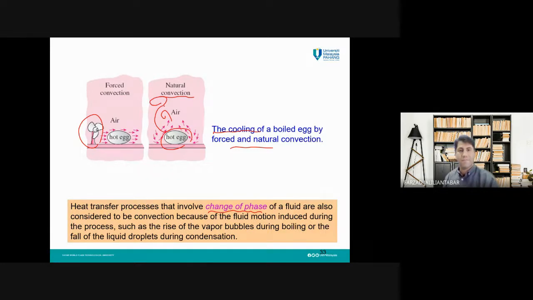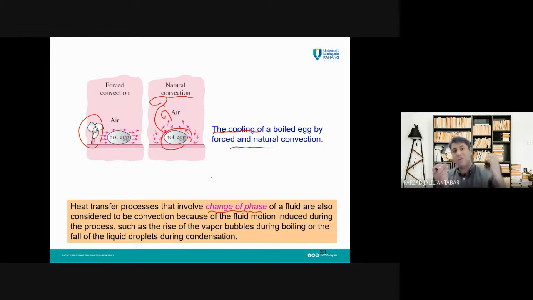phase. For example, when you use ice inside the water to cool down the water, we have a phase change process here. This type of heat transfer is also included in convection heat transfer because it involves motion. You know, we have some kind of motion as the solid ice is melting. Some liquid, some droplets will form and separate from the ice.